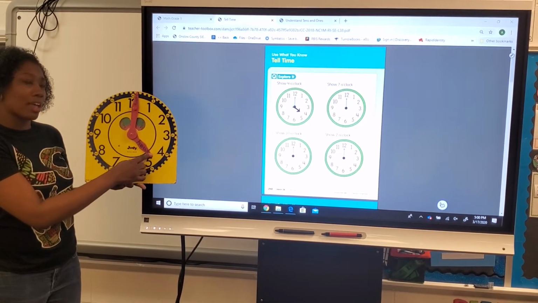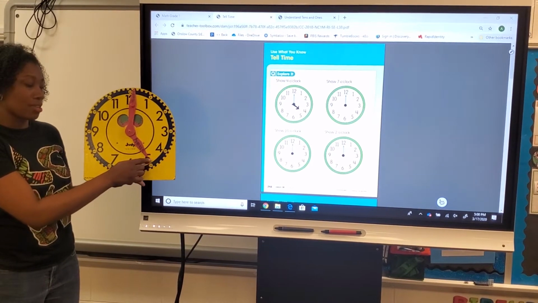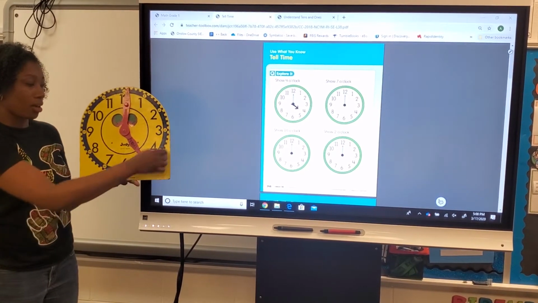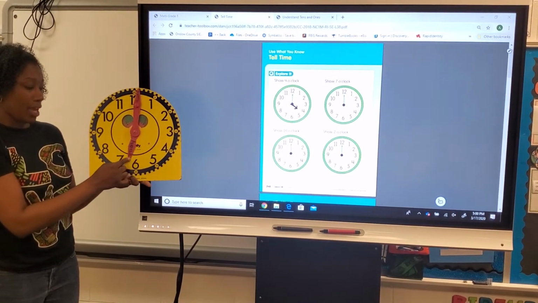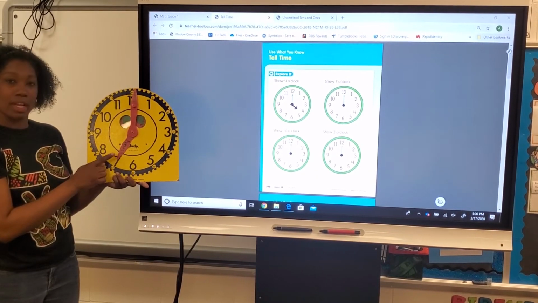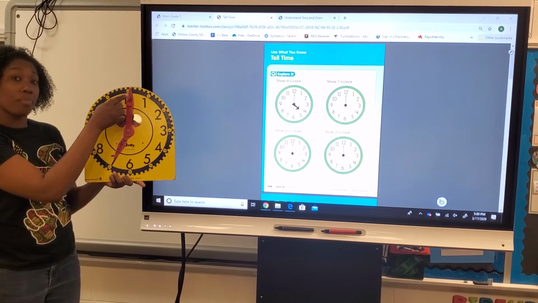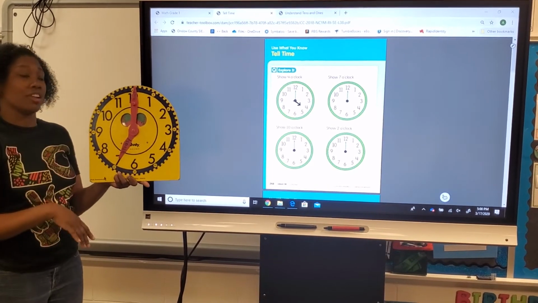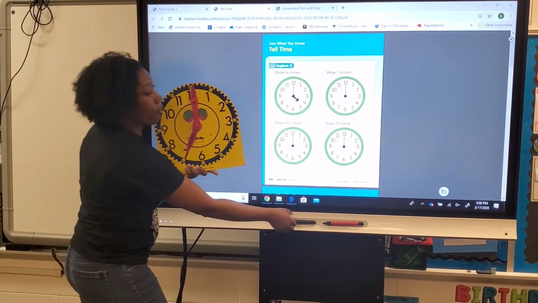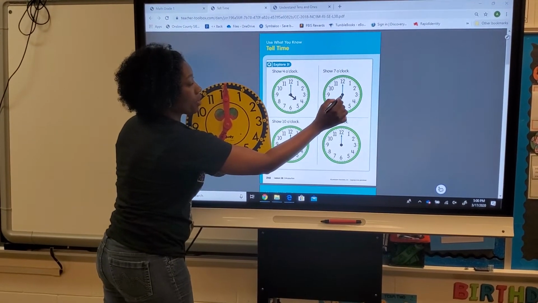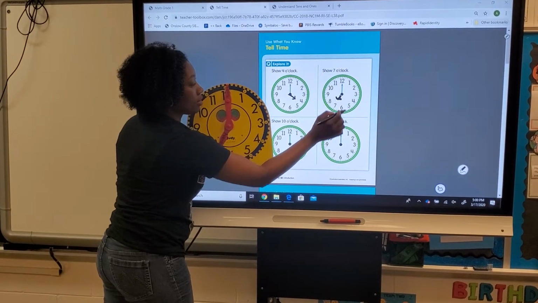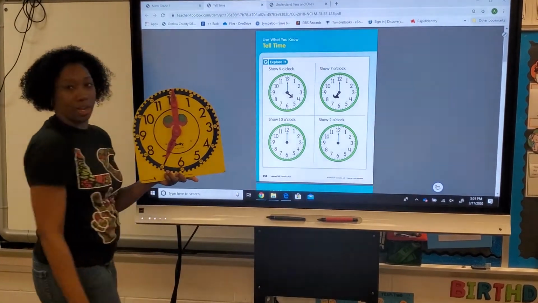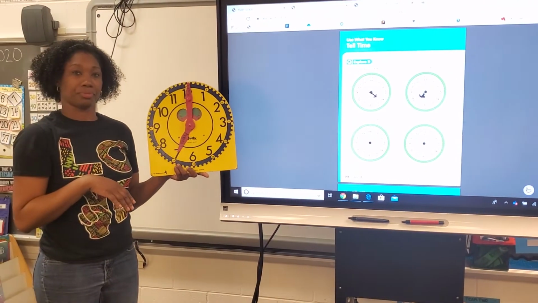Remember, we're finding that number. Remember your 7, it should be what's on your clock. If you moved your hour hand to the 7 and kept your minute hand on the 12, then you did a fantastic job. Go ahead and write that time on your paper. Remember, you're only doing the hour hand, not the minute hand.